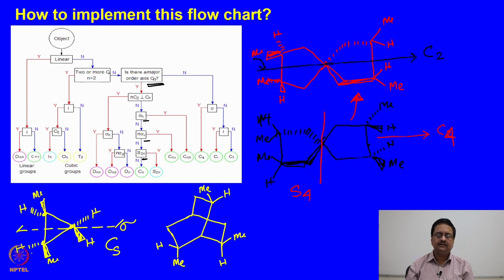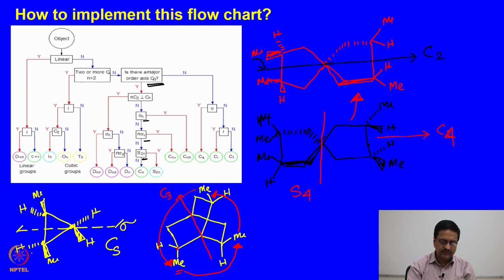We look very carefully at this molecule, and what we see is, if you join these 2 points with a line like that, this particular axis that we have drawn is a C3 axis. As a result, this methyl which is down here goes up, this methyl which is on the right hand side of the bond goes to the left hand side of the bond, and that methyl which is there comes down and meets here.